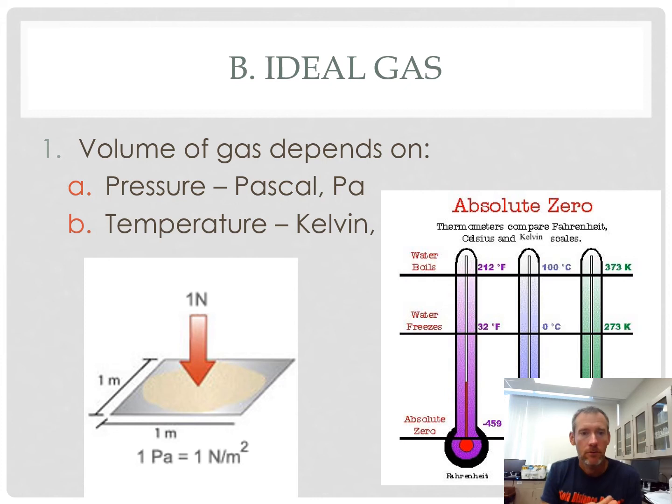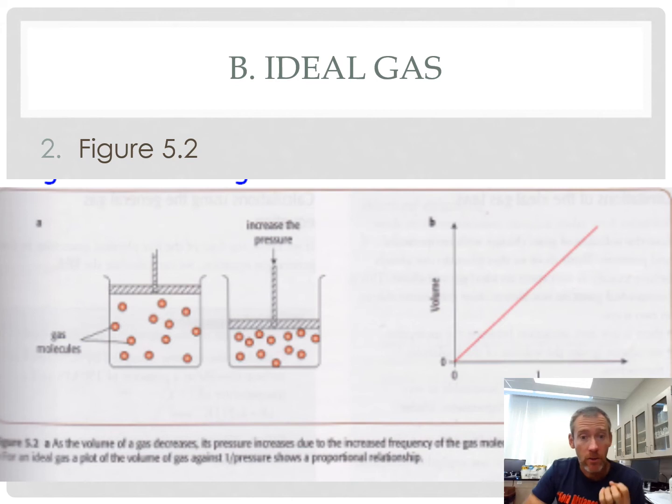So for an ideal gas, volume depends on pressure and temperature. Pressure is just the force per area, and temperature is just the average kinetic energy of a molecule. So to be an ideal gas, you want low pressure because that means the volume is very big.